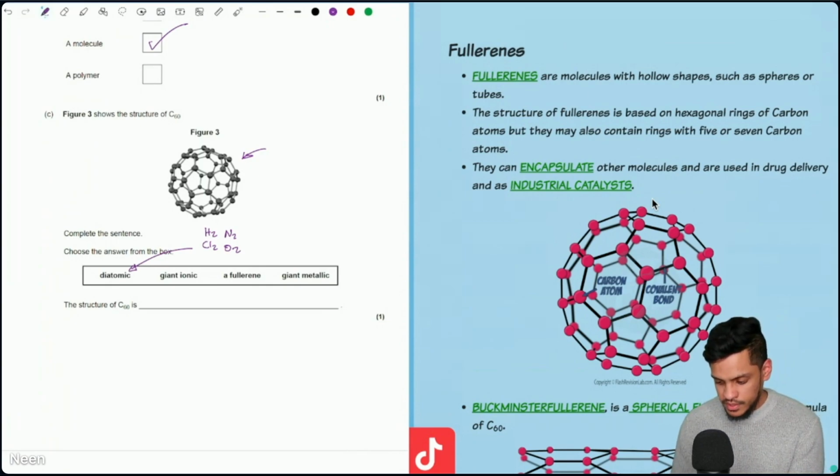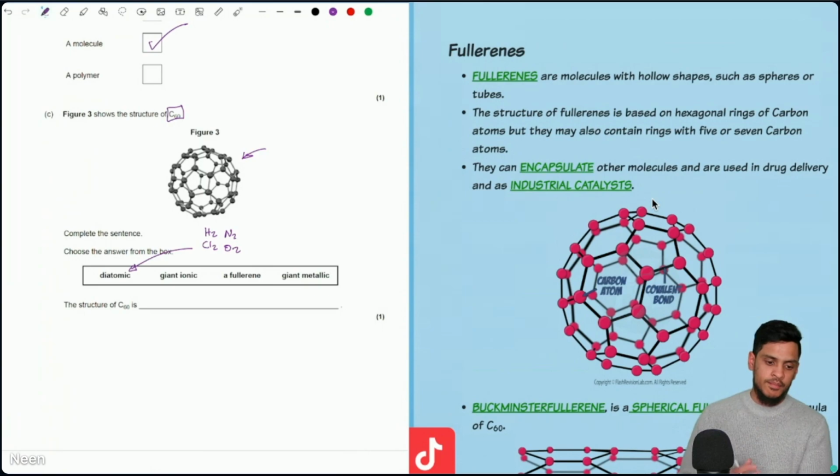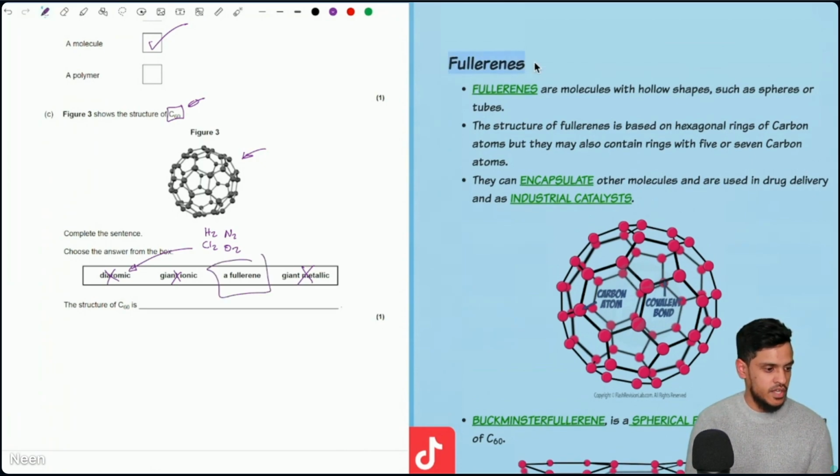It's not ionic because this is just carbon. Remember, for ionic, you need a metal and a non-metal. So it's not diatomic, it's not ionic. It's not metallic either because carbon is not a metal. It's a fullerene. Remember, there's two types of fullerenes, this one and nanotubes.